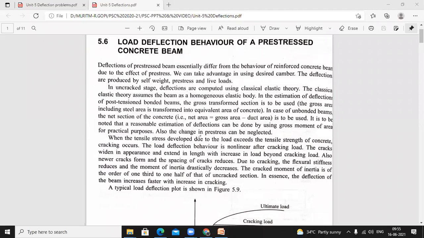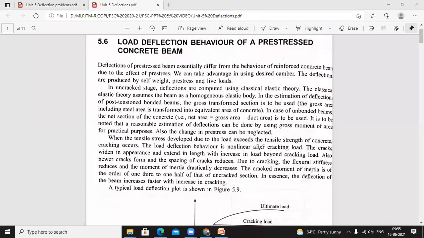When the tensile stress developed due to the load exceeds the tensile strength of concrete, cracking occurs. We know that every concrete has some tensile strength. It depends upon the grade of the concrete. If the grade of concrete is higher, the tensile strength also increases. So the load deflection behavior is non-linear.